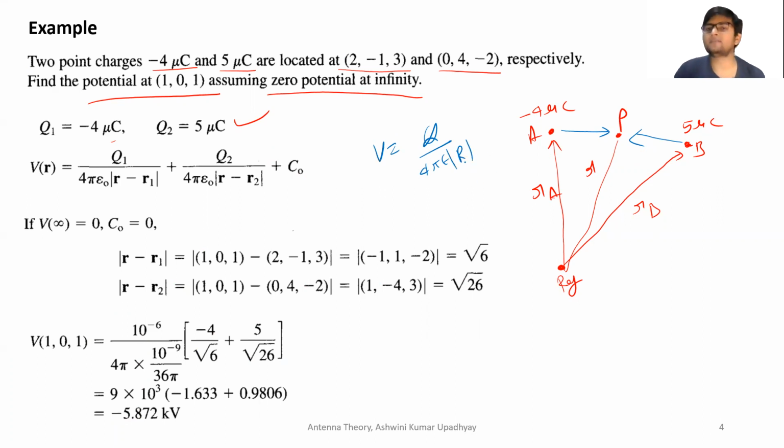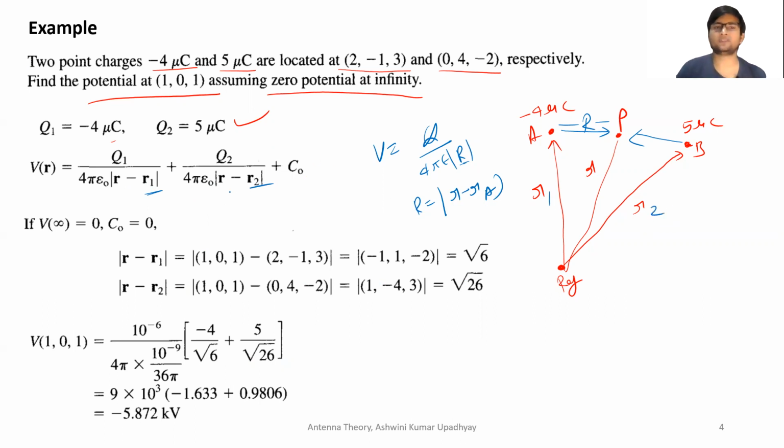So the magnitude of this r vector, suppose for this, how will it be calculated? It is nothing but the magnitude of r minus ra. So in this case, here it is written as r1 and r2, right? So it is basically r1 and this is r2.